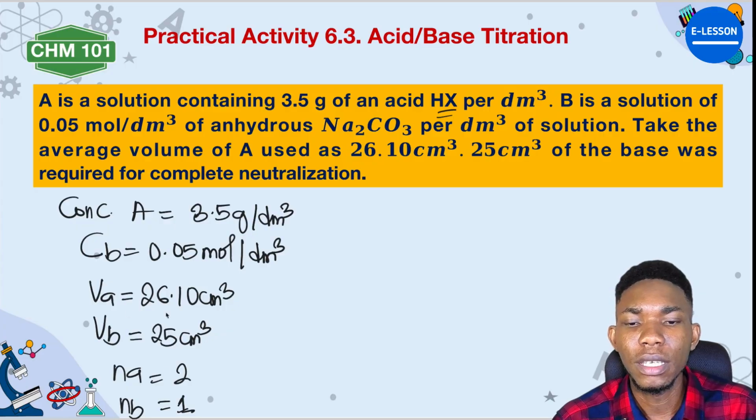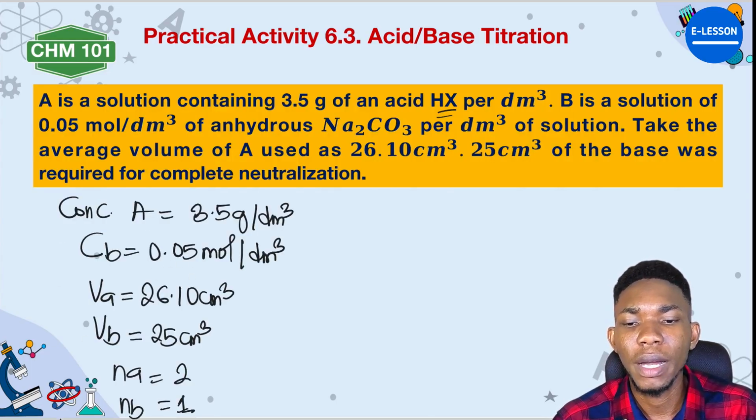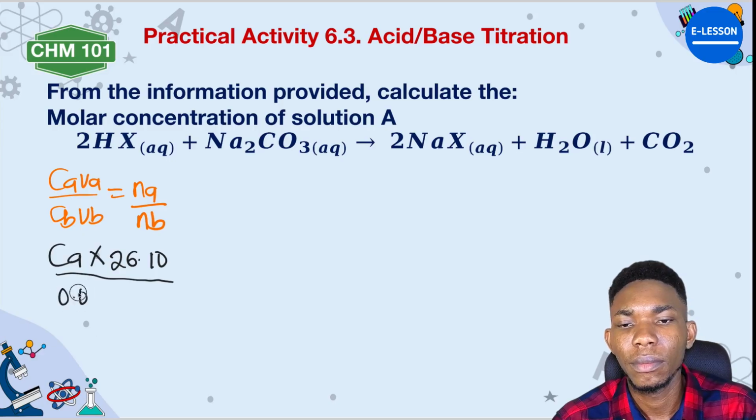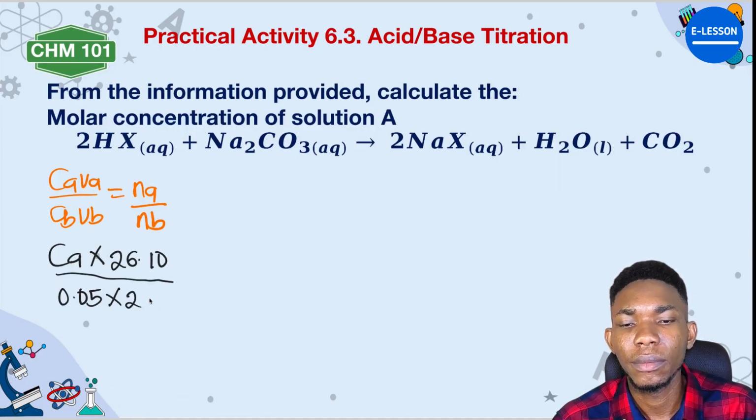Va is 26.10. Cb, concentration of the base, 0.05, times Vb, the volume of base, 25 centimeter cube.